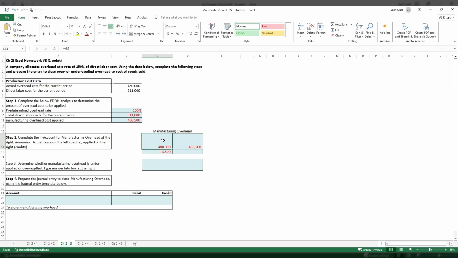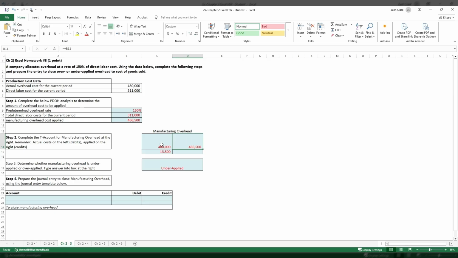So we incurred more overhead costs than we thought we would. We were underapplied because the amount we applied was less than the actual amount. And this is a bad situation to find yourself in.